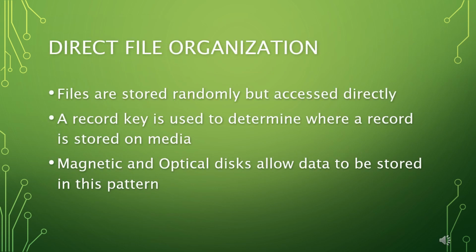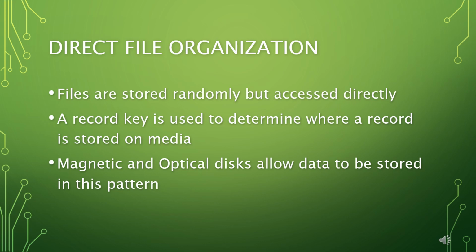Direct file organization. In order to overcome the main disadvantage of large access time and inefficiency in sequential file organization, the concept of direct file organization was developed. Direct file organization accesses the records by the record's physical address on direct access storage devices.